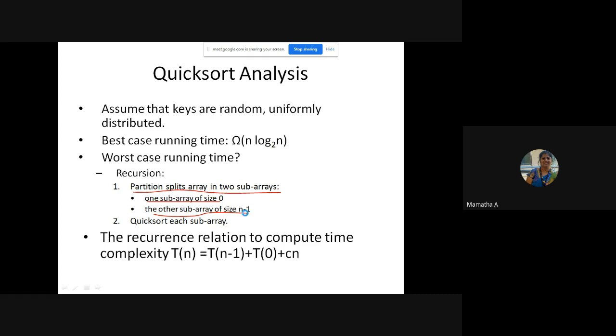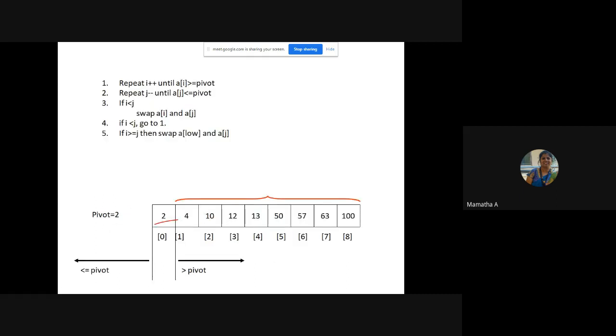Now can you just tell me what will happen if the input is in descending order, students? If the input is in descending order, what happens? Which half will be empty? Descending means the highest will be here in the first position. Suppose in the reversed way, highest is this, say 100, like this. What will happen if it is in the descending order?